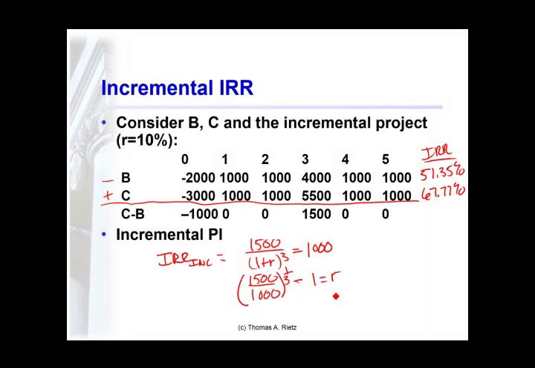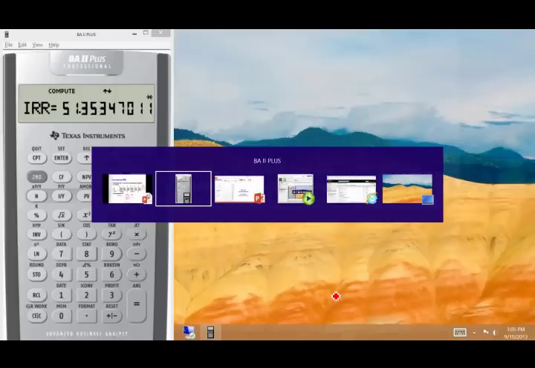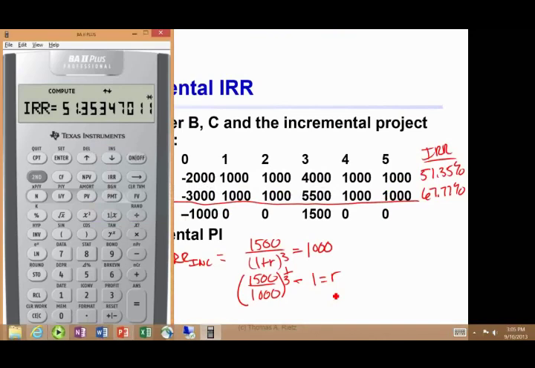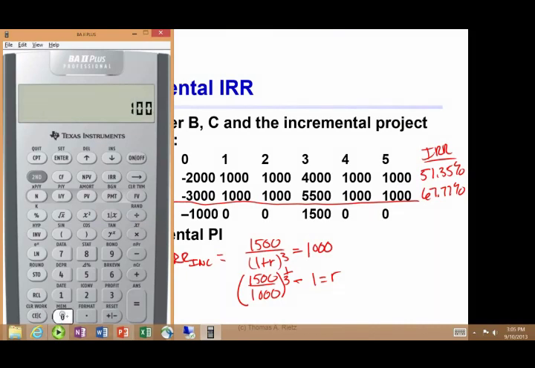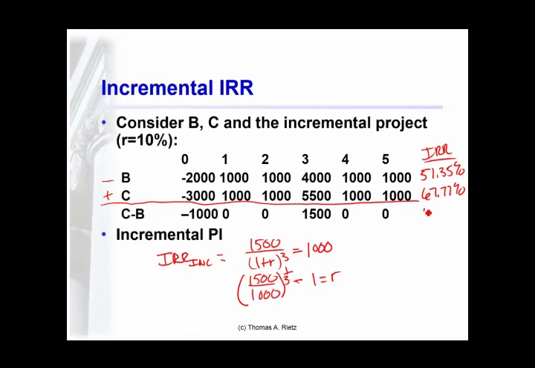You could also do it with the cash flow buttons on your calculator, but let's go ahead and do it this way. 1,500 divided by 1,000 to the power of, in parentheses, 1/3, minus 1, 14.47%.